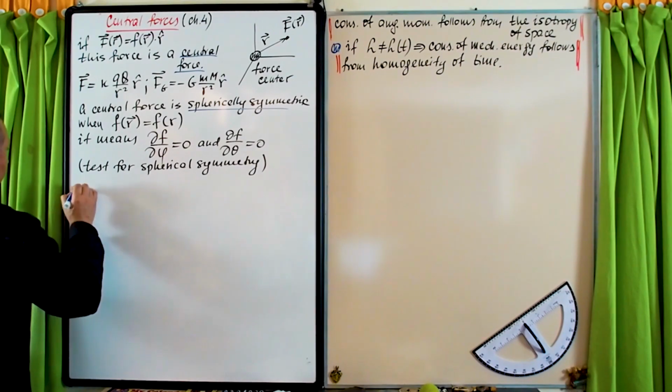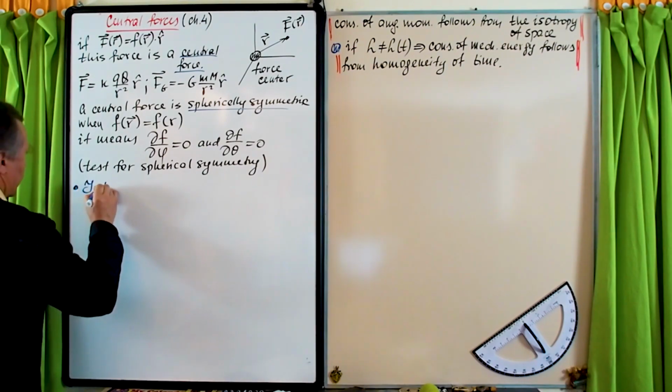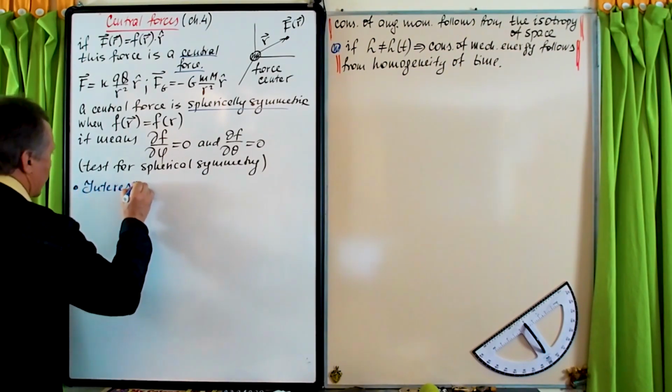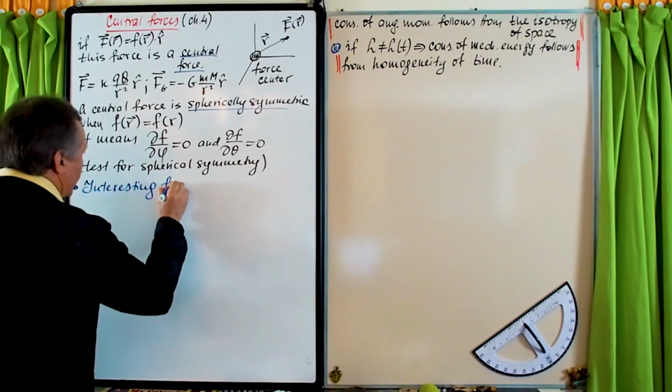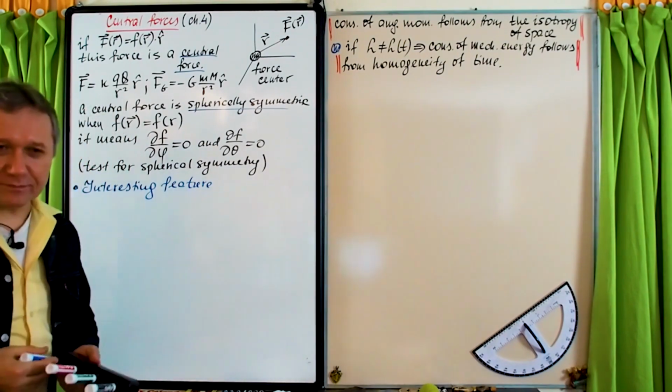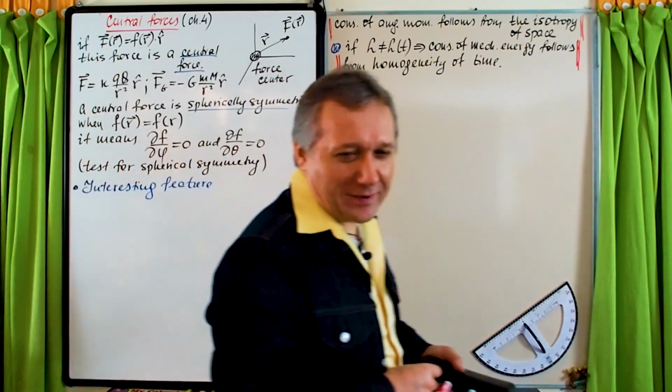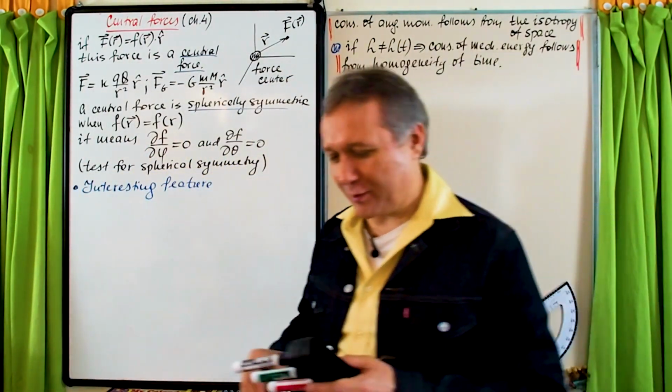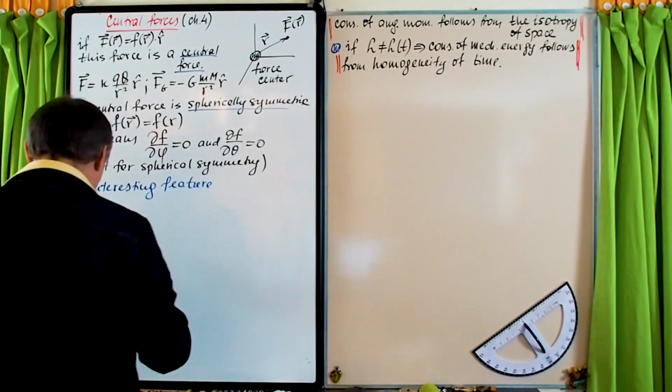But anyway, I will put a new bullet. Interesting feature, or you can call it remarkable. That's what it's written in my notes, but I decided to call it interesting.